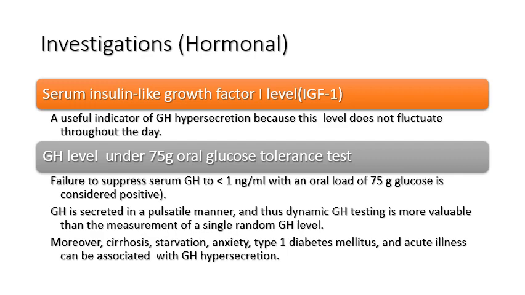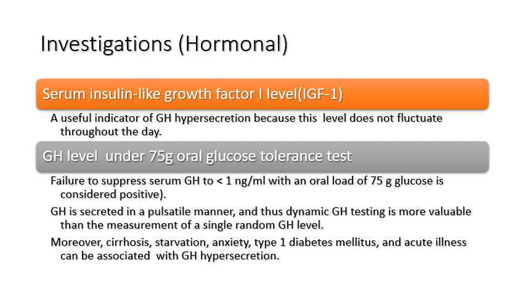Moreover, we have to consider certain other factors that can affect this analysis: the presence of cirrhosis, starvation, anxiety, type 1 diabetes, and acute illness. These conditions may be associated with growth hormone hypersecretion, so you have to take these factors into consideration. But generally, to summarize, the best screening tests are serum IGF-1 and a growth hormone measurement during an oral glucose tolerance test; if the growth hormone fails to suppress below 1 nanogram per ml, this is considered diagnostic for acromegaly.